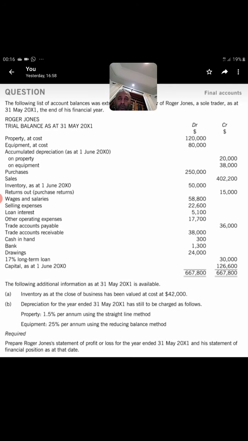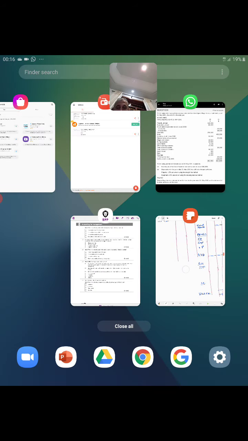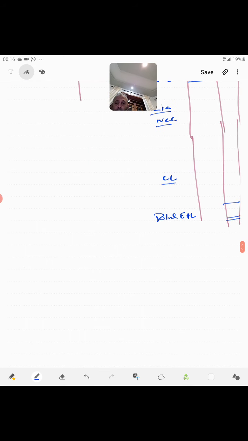Remember, when you're reading a question of this nature, this is called an essay type question, we have to first complete the adjustments. The following additional information as at 31st May 20X1 is available. Inventory as at the close of the business has been valued at 42,000. So the first additional piece of information is inventory.